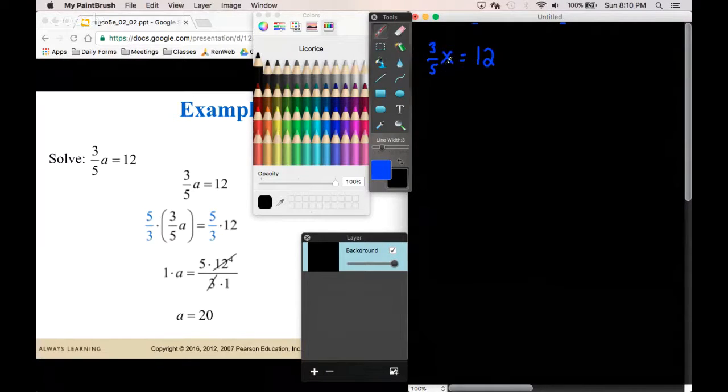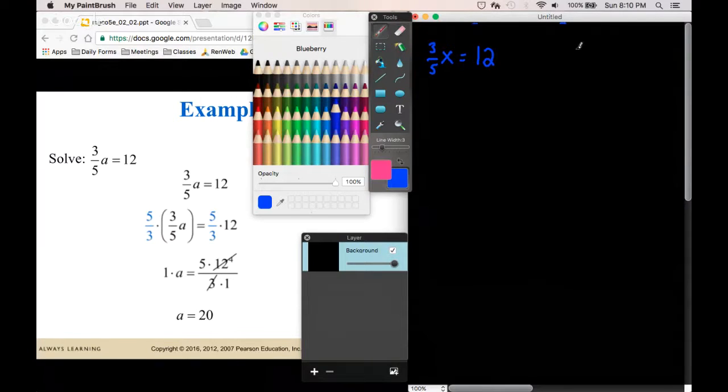Anytime you see that, you want to get x by itself. So when you have 3/5 x equals 12, you need to get that alone. And the best way to do that is to multiply both sides of the equation by the same thing.